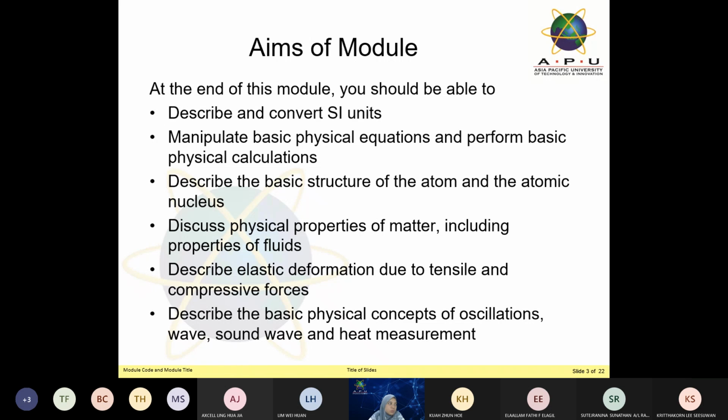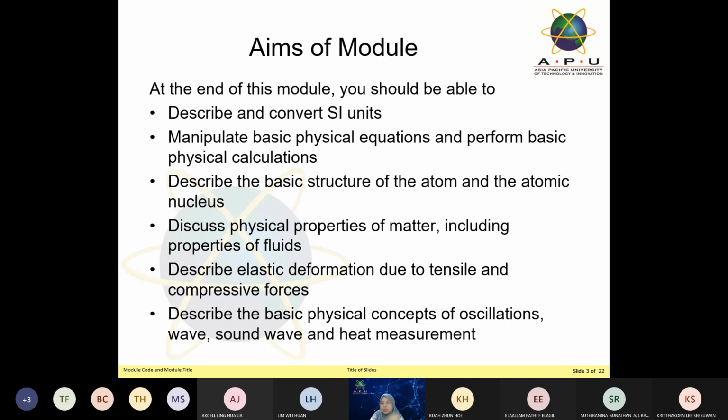Okay, aim of the module. At the end of this module, you should be able to describe and convert SI units. Okay, SI unit, do you know? What is an example of an SI unit? Yes, Lim Wei Han mentioned kilogram in the chat. Ella Alam does not know what is SI unit.